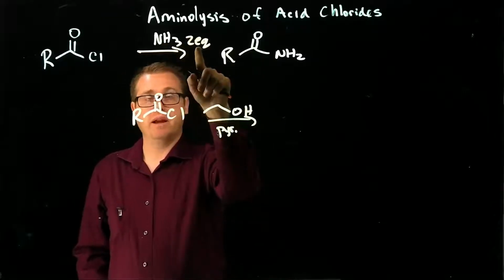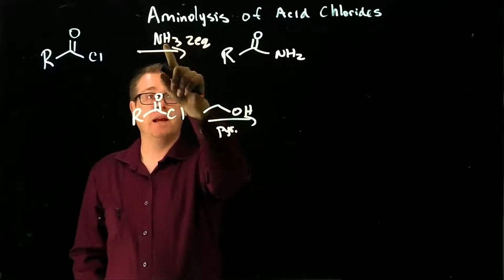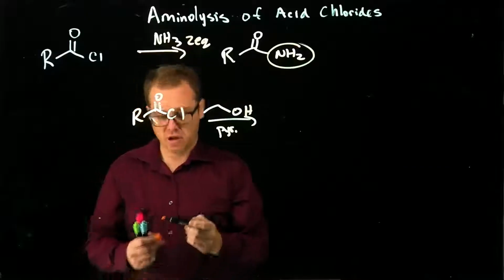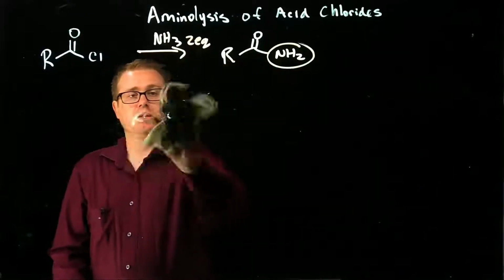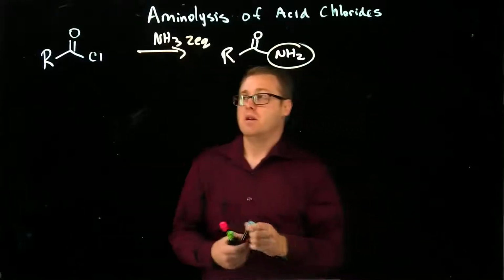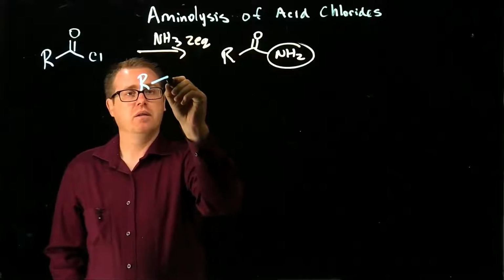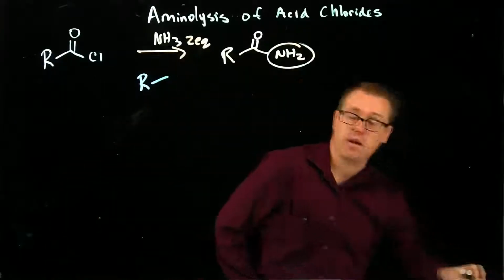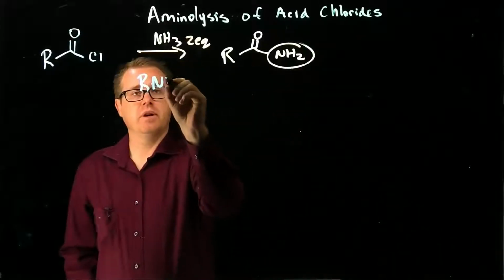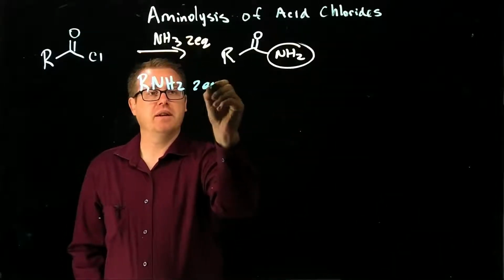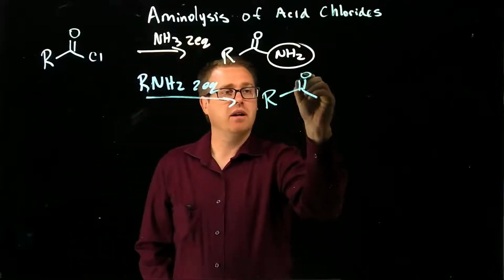One equivalent will mop up the hydrochloric acid that's formed, and the other amine will act as the nucleophile. So your amines, we could have, whoa, what am I doing here? We could have 2 equivalents of this amine, and that would give us this product.